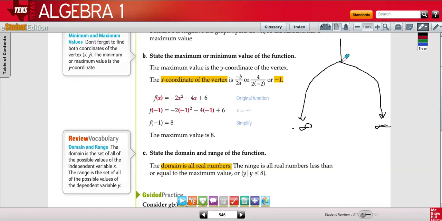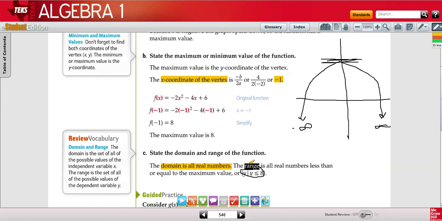Our range for this problem, if we had this on a graph, and I know this isn't what it really looks like on the graph, it's just Miss James's sketch. Our range for this problem would be a value that is less than 8 because our maximum value on this problem happened at 8. So our range is going to be all of the y values that are less than or equal to 8. And yes, I do want you to copy this down into your notes.